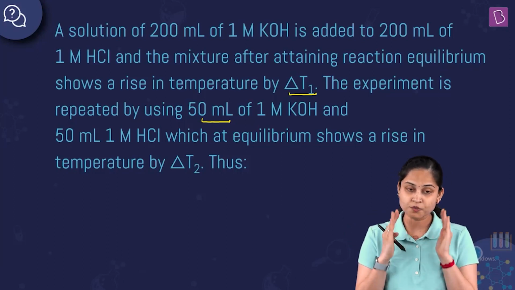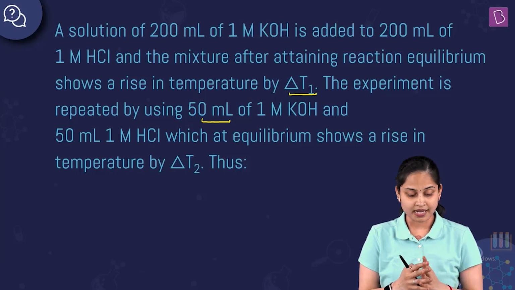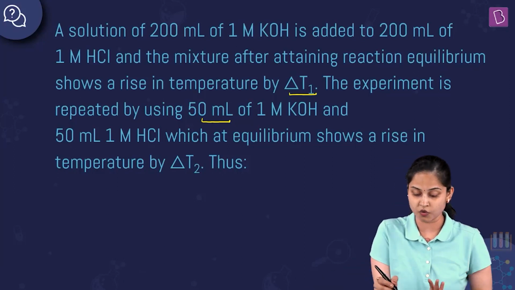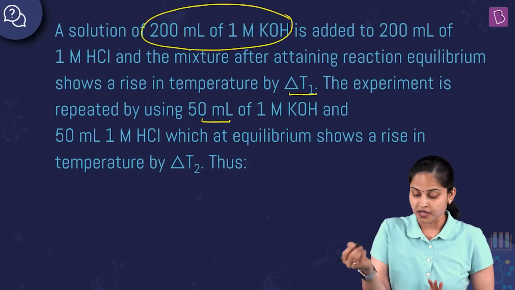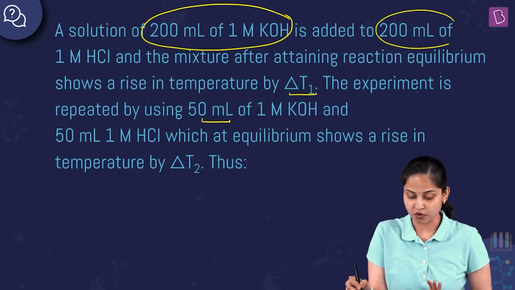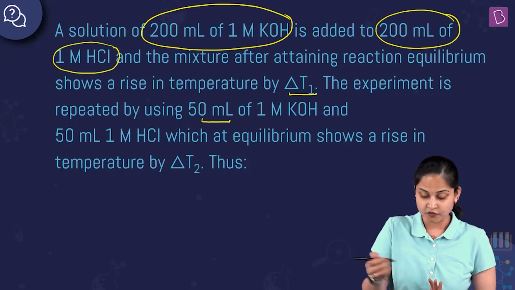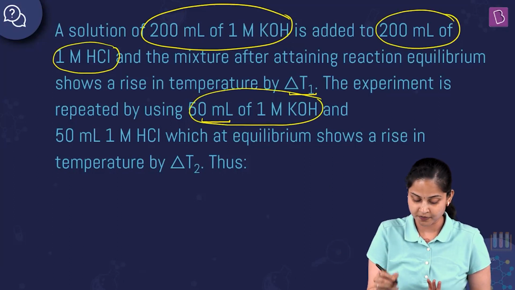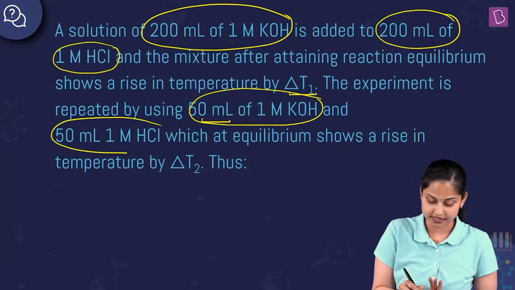Can you observe one thing over here? For the first process, we are talking about 200 ml of 1 molar KOH added to 200 ml of 1 molar HCl. For the second process, we are talking about 50 ml of 1 molar KOH and 50 ml of 1 molar HCl.